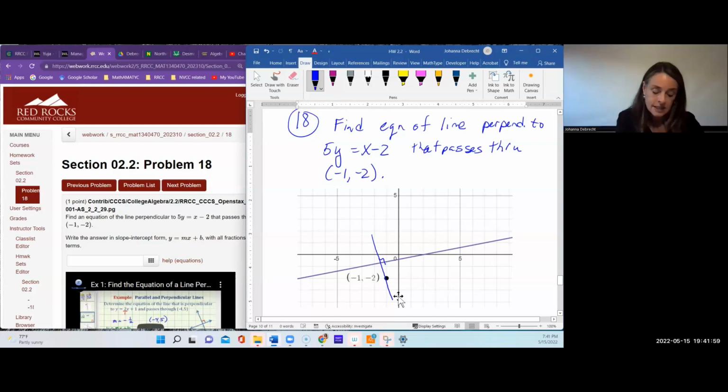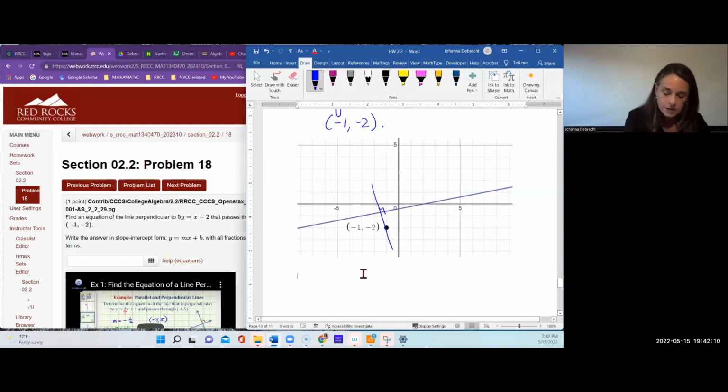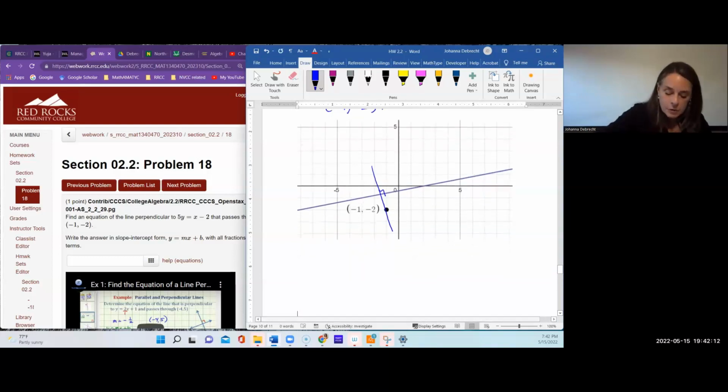Well, it looks like it's steep and downhill. How do we know what the slope of it will be? Well, we need to find the slope of this line first. So we take 5y equal x minus 2, and we solve for the slope. Remember to solve for y to put it in slope-intercept form.